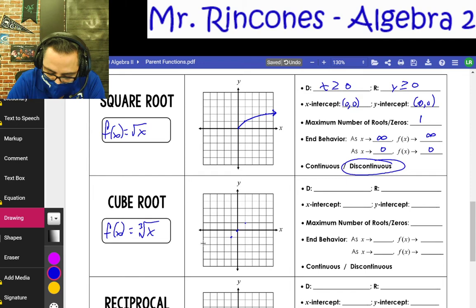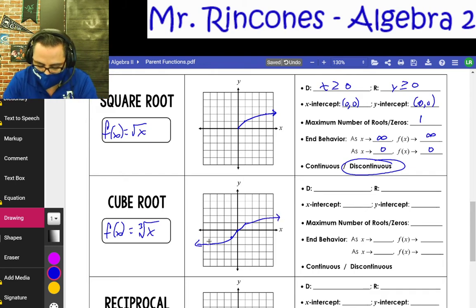So this looks something like this. Okay, as you can see from left to right on the x-axis, there is no break there. So this is all real numbers. For the range, it's going to rise very slowly, but it is also all real numbers.